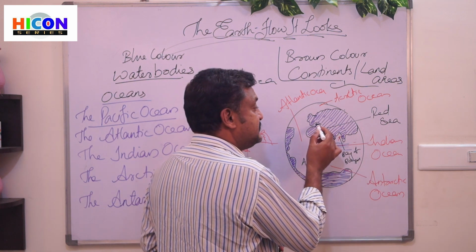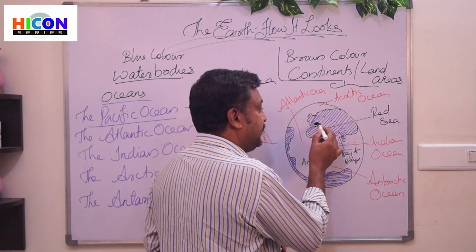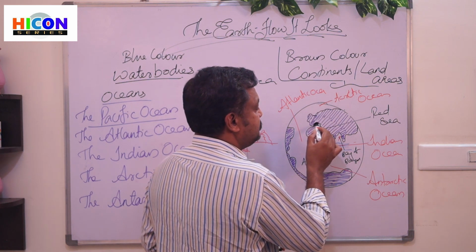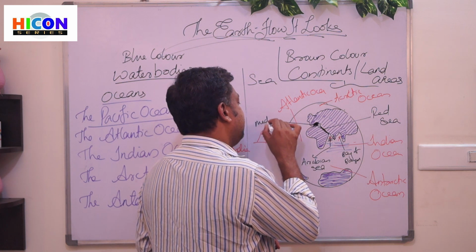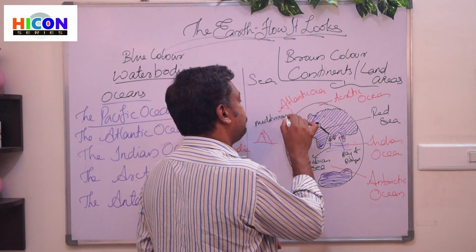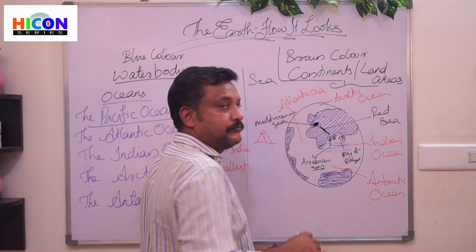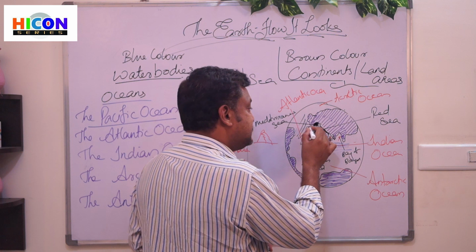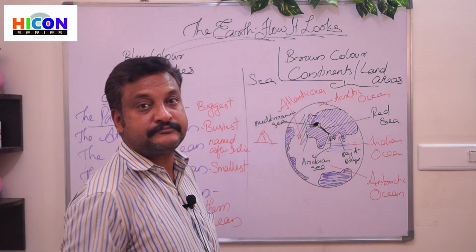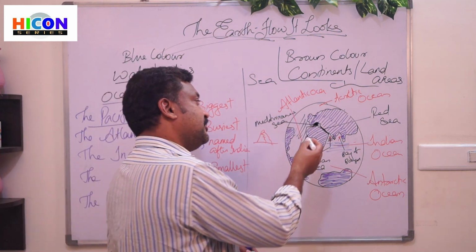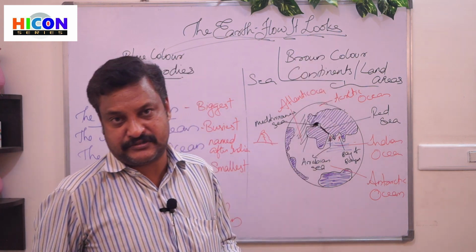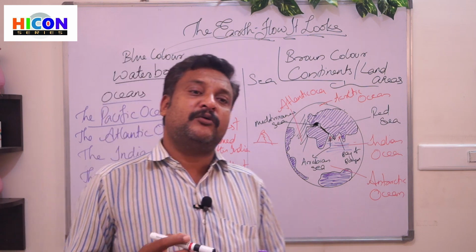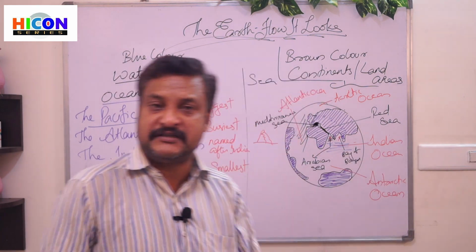This water body which is in between Europe and Africa, this is Africa, this is Europe, is called the Mediterranean Sea. See, this is Atlantic Ocean and this is an extension of that. So smaller saltwater bodies usually found at the edges of oceans are known as seas.